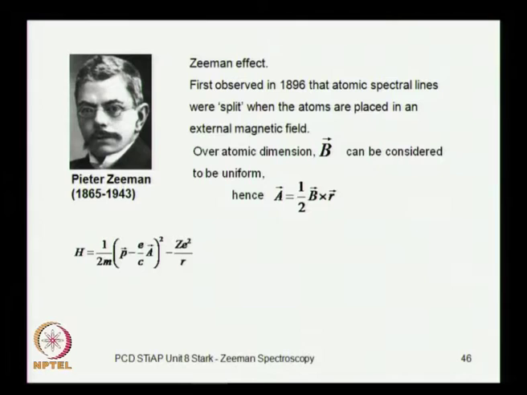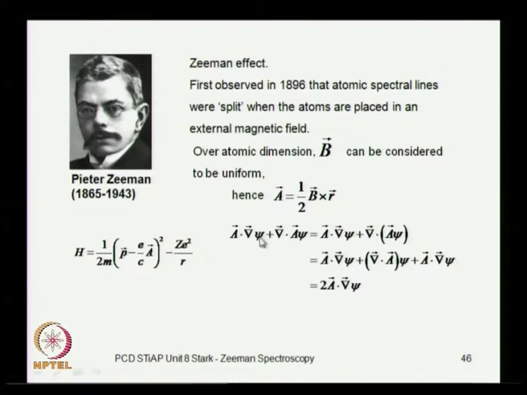So, this is the generalized momentum that should go into your Schrodinger equation, it will go into your Hamiltonian, and with this Hamiltonian you will have 2 terms, P dot A and A dot P, but P is a momentum operator. So, you have the del dot A and the A dot del terms, okay. And when you operate by A dot del and del dot A on an arbitrary function, you get twice A dot del in the Coulomb gauge, right.